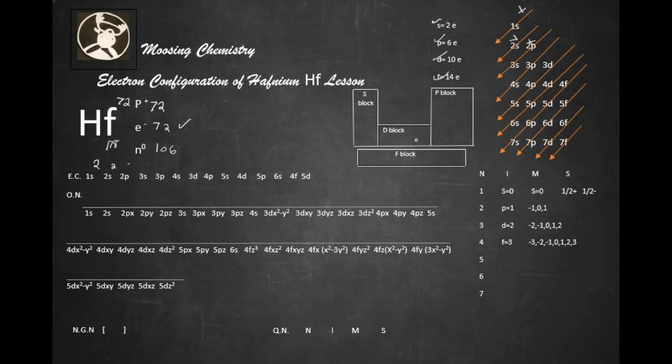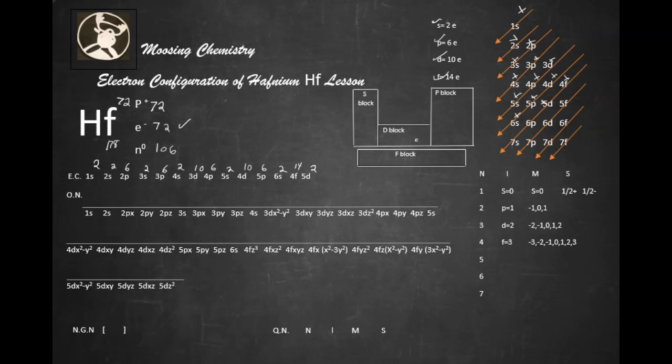We're on our way. 3s2, 3p6, 4s2, 3d10, 4p6, 5s2, 4d10, 5p6, 6s2, 4f14, and last but not least, 5d2. And then we run out of electrons.